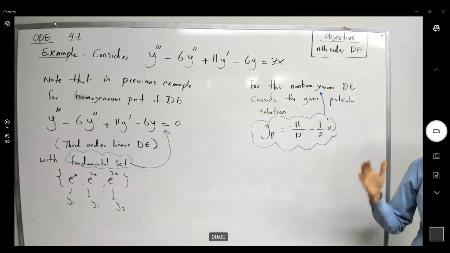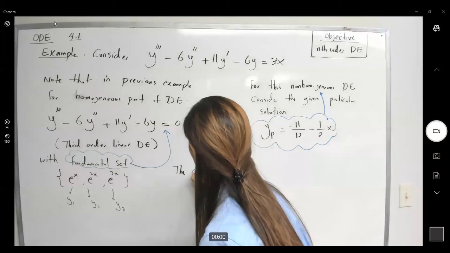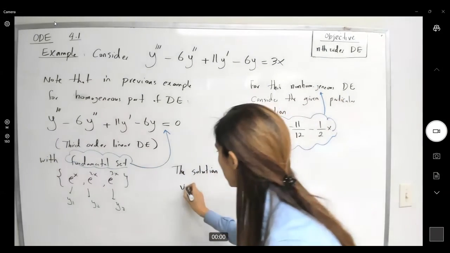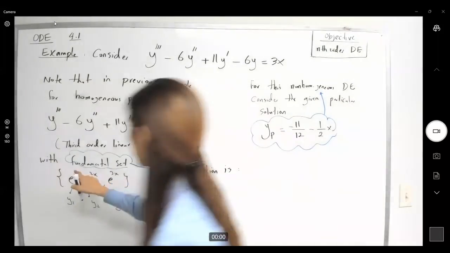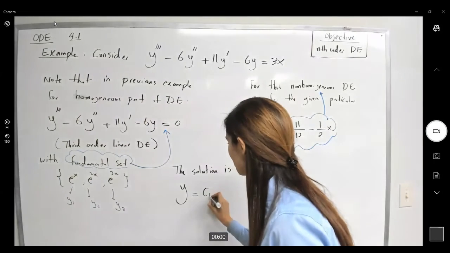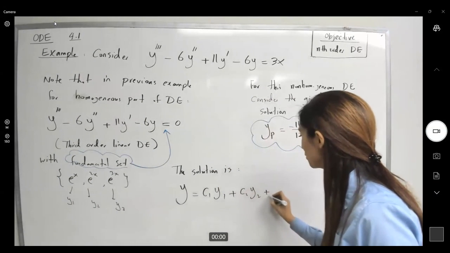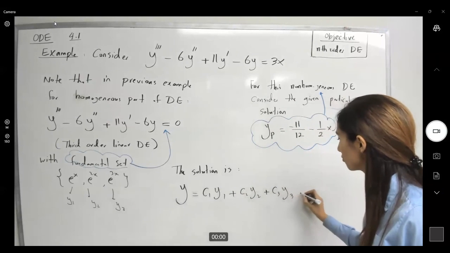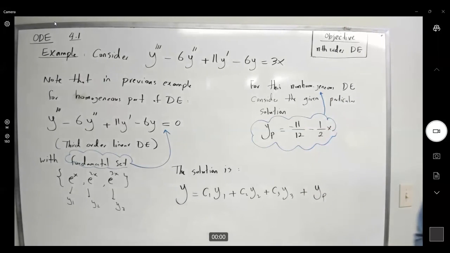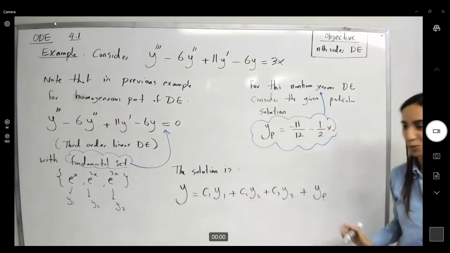So, in general, the solution is y equals, we start by taking the fundamental set elements, C1 y1, C2 y2, C3 y3, plus your particular solution. But what is y1? What is y2? What is y3? What is y sub p?